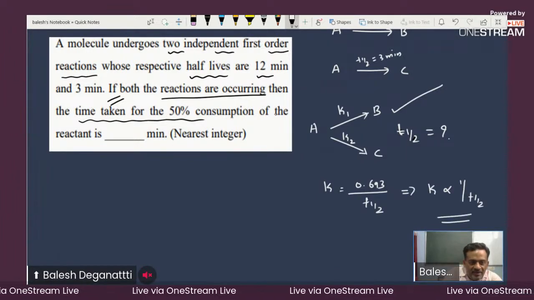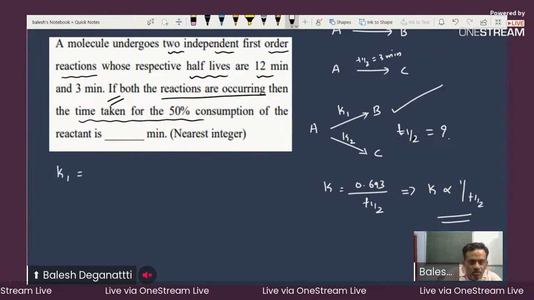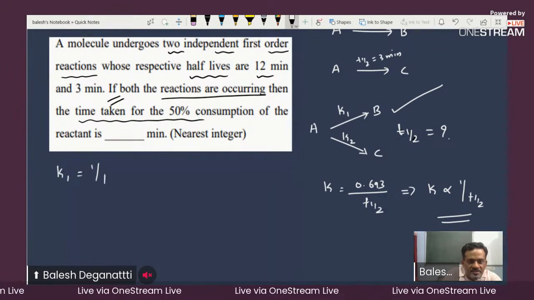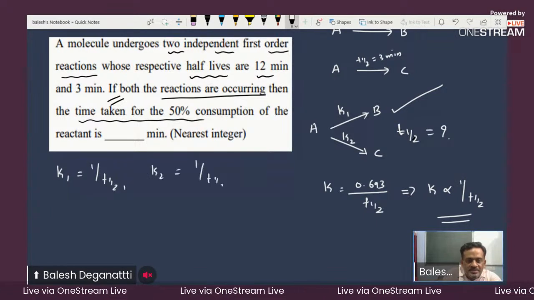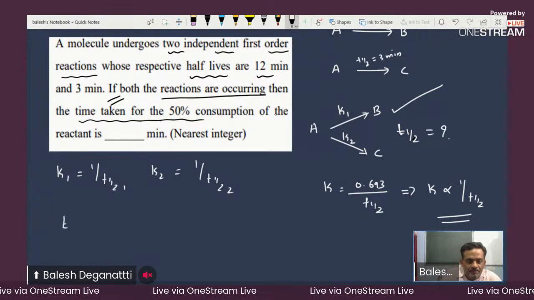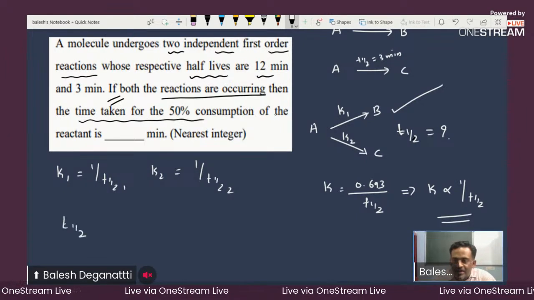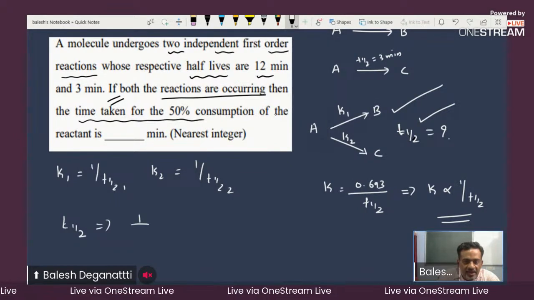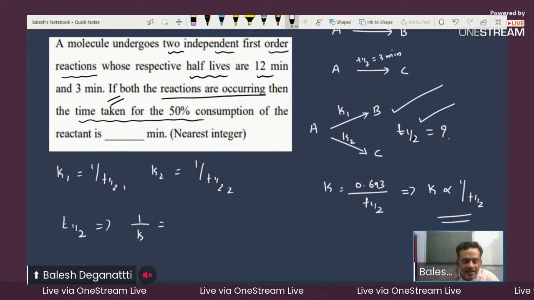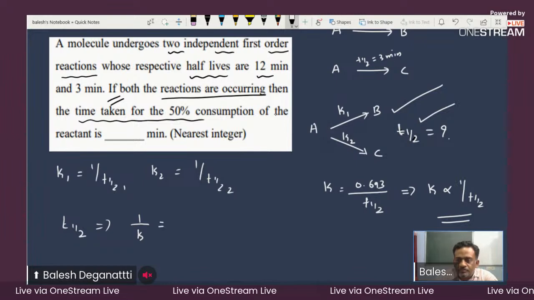So therefore, I will write K1 as 1 upon first half-life, K2 as 1 upon second half-life. So they have asked for average half-life.